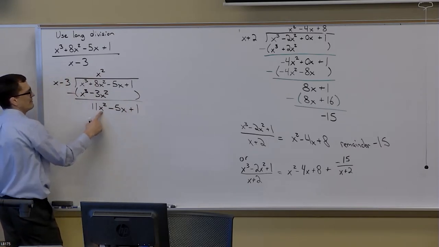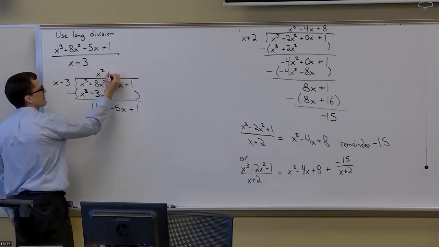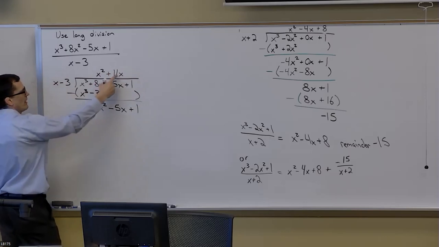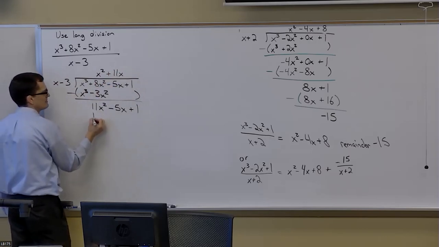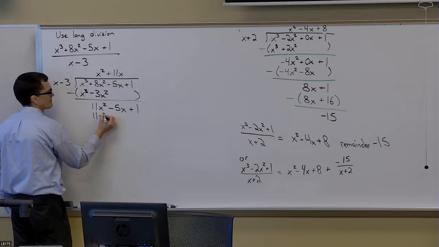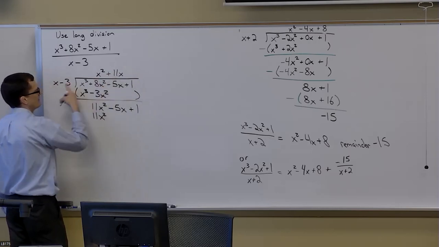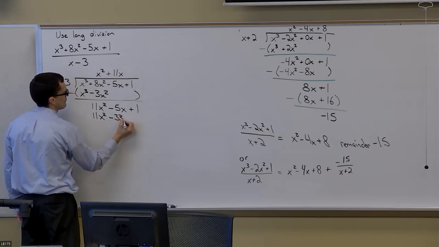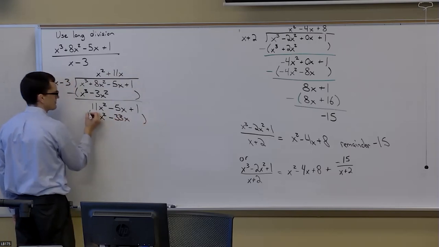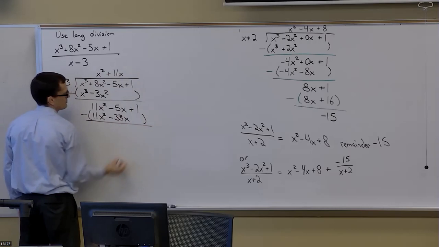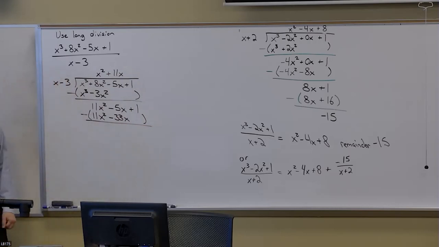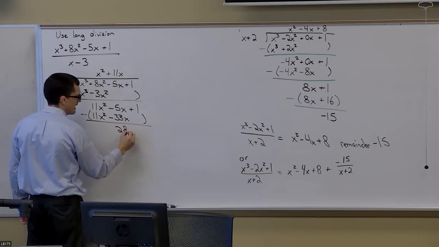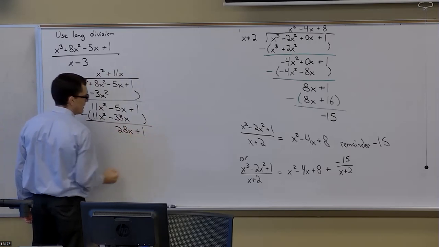Now I need to get 11x squared, so that's plus 11x that I need to have on top. 11x times x gives me 11x squared. 11x times -3 gives me minus 33x. Subtract that whole thing. I end up with 28x plus 1.